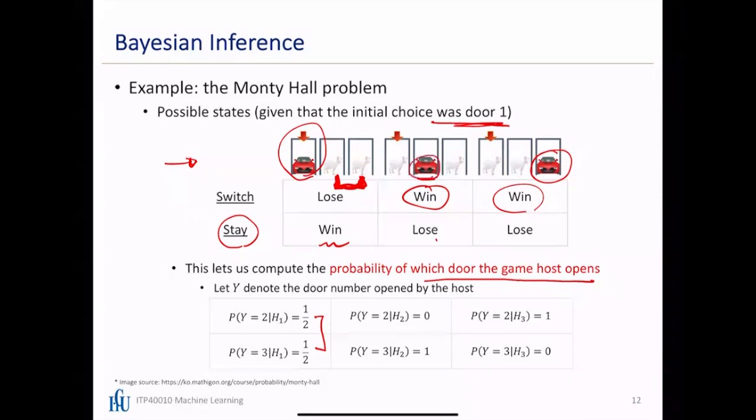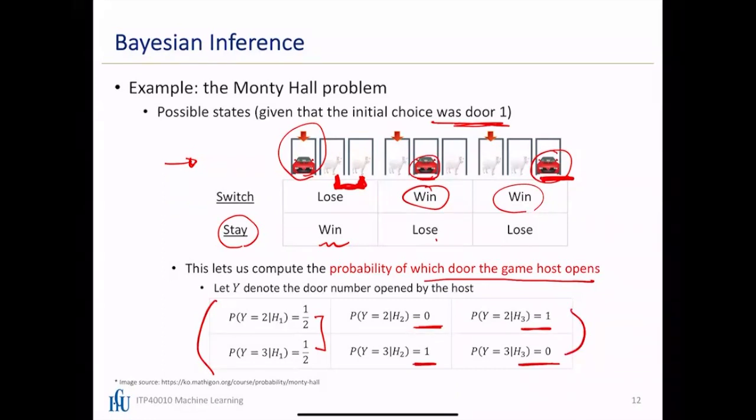If the prize was behind door number 2, the game host will never open door number 2. Instead, the game host will open door number 3. If the car was behind door number 3, the game host will never open door number 3 and would open door number 2. So this is additional information we can formulate.